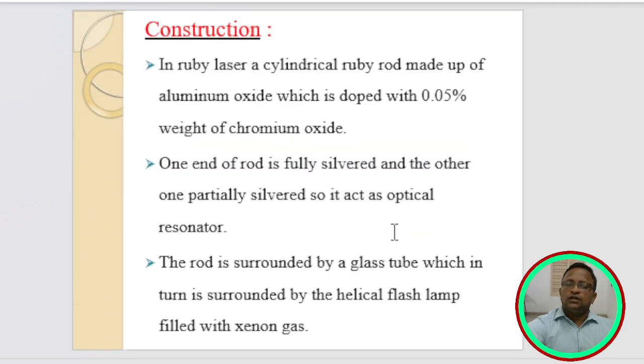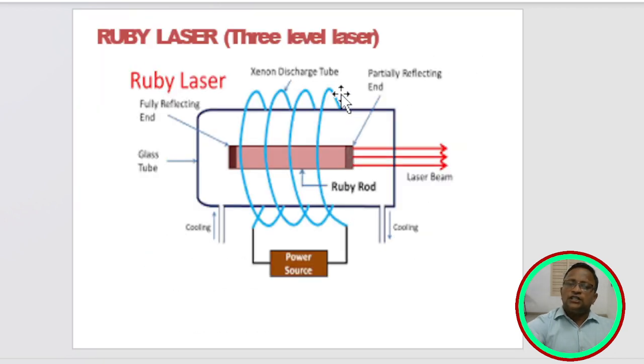When the discharge tube, which was filled with xenon gas, is operated for several milliseconds, the ruby rod gets heated, and the laser beam is emitted from the partially reflecting surface. Why?